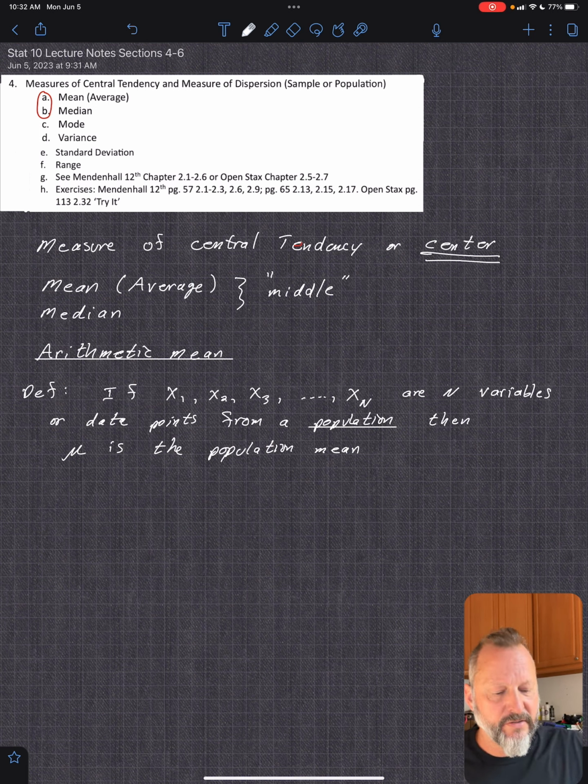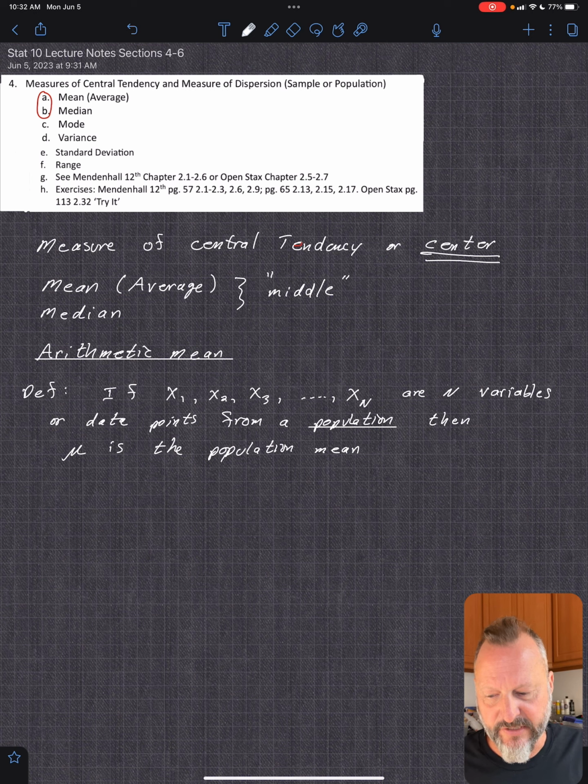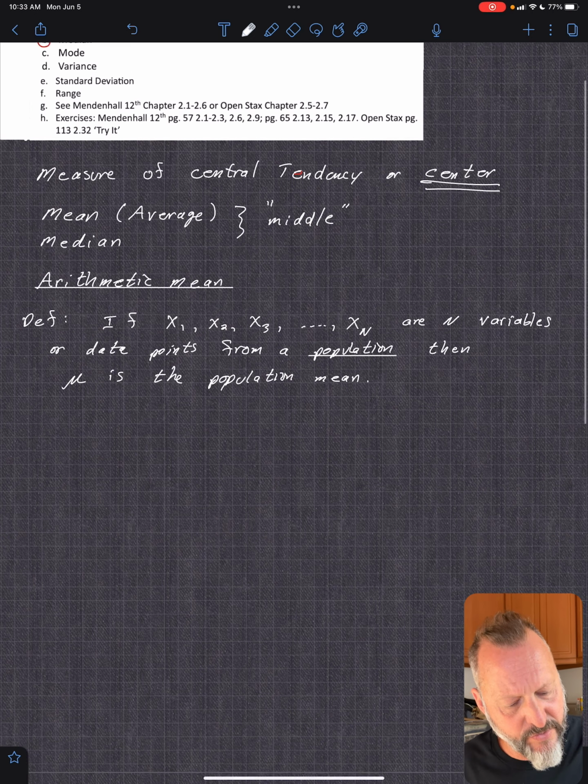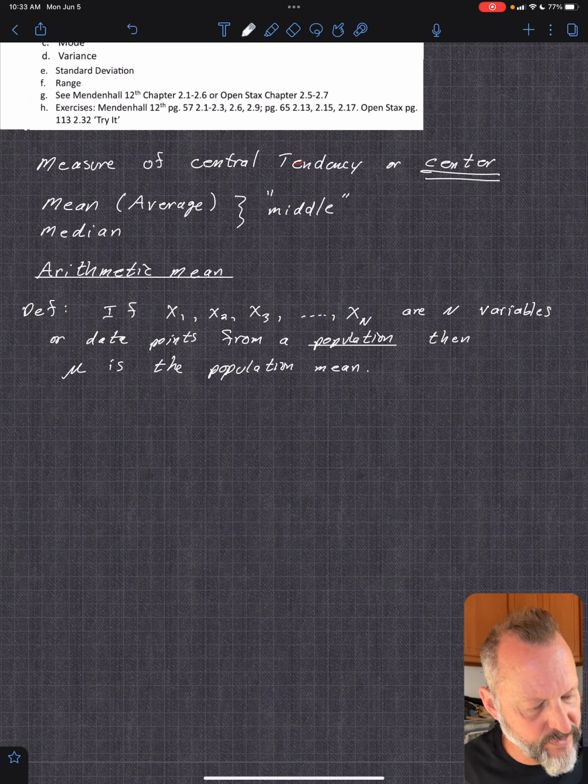For now, this is the actual mean or average of the population, and it's defined with mu, the Greek letter mu.